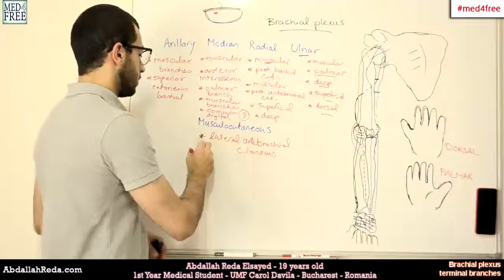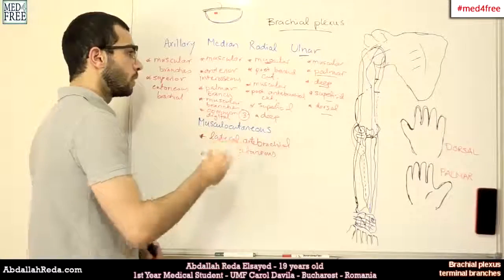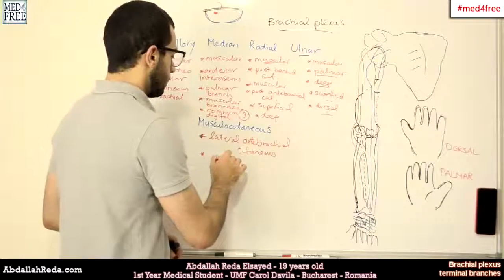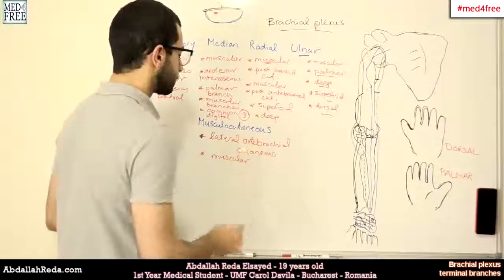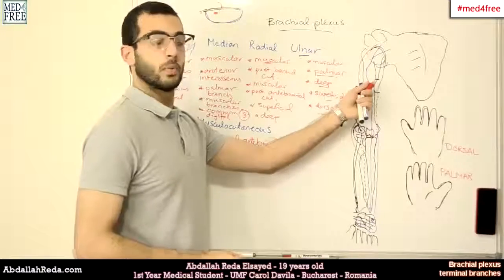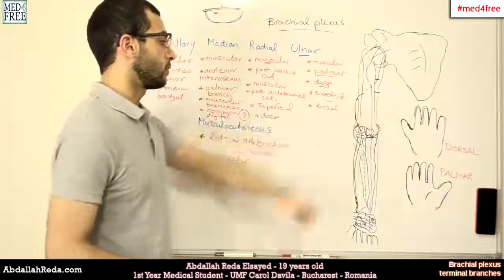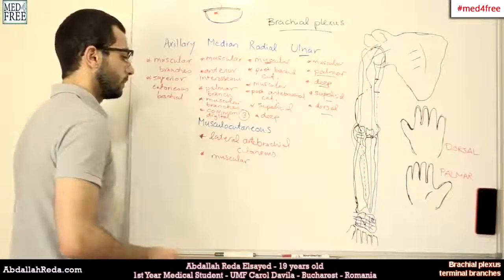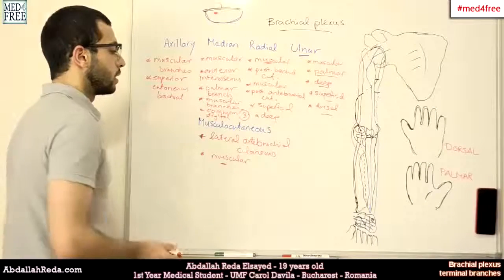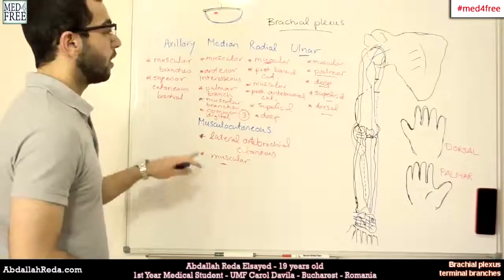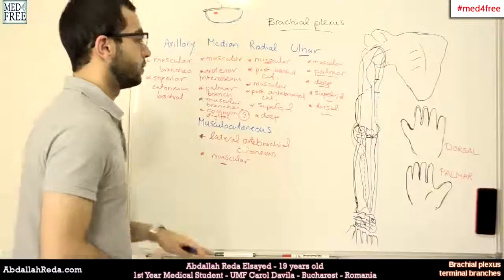Also, the musculocutaneous nerve will give muscular branches for the anterior compartment of the arm, like biceps, brachialis, coracobrachialis, and so on. So these are the terminal branches of the brachial plexus.